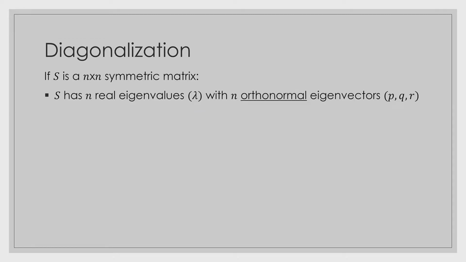So another very important property about these symmetric tensors is diagonalization. I'm not sure if that's the official term for it, that's just what I call it, because I guarantee if you call it this, you'll never forget what exactly it is. So if S is an n by n symmetric matrix, or tensor, I'm going to keep saying tensor or matrix the whole time, I'm going to drive you nuts, but S has n real eigenvalues with n orthonormal eigenvectors.